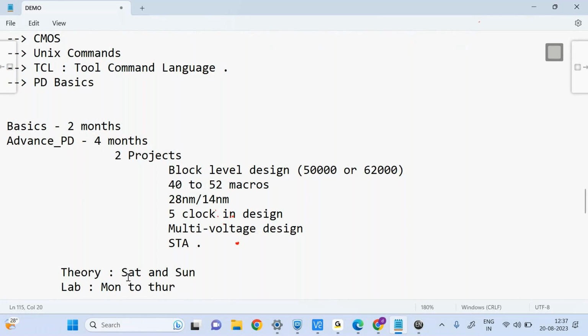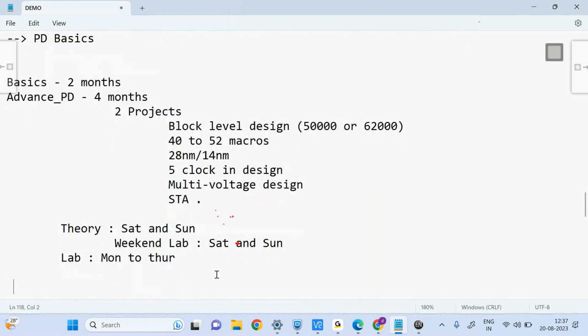For candidates who are already working, if they are not available on weekdays Monday to Thursday for lab, there is a weekend lab, done on Saturday and Sunday. This is the advanced part.